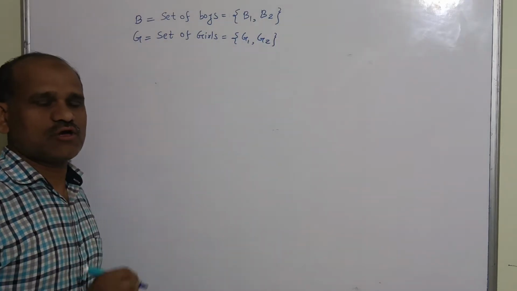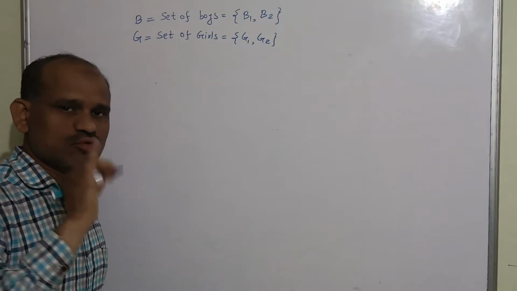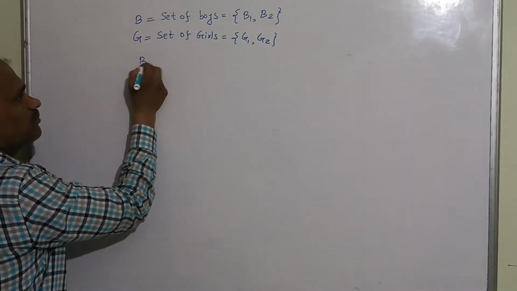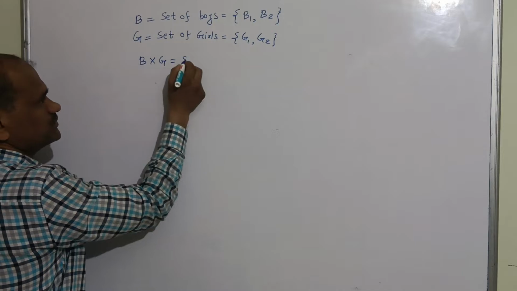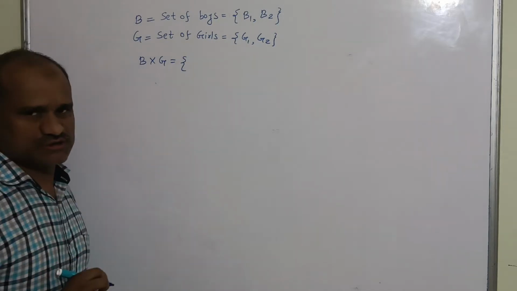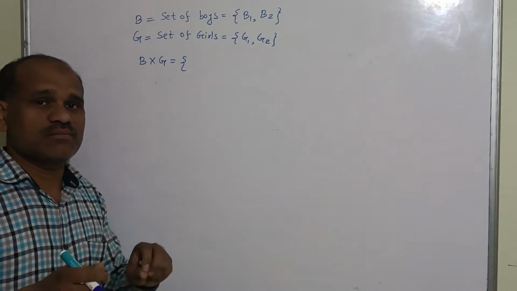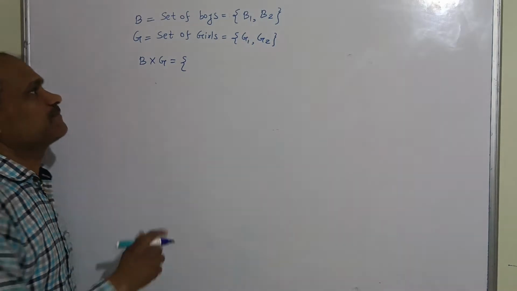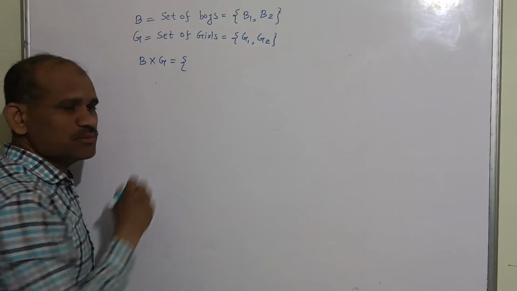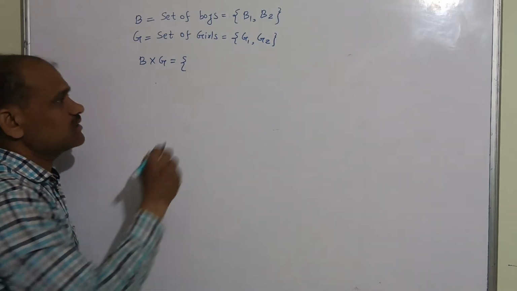Now I am going to take a cross product, B cross G. That is the cross product. It contains boys and girls, but in ordered pairs. So how many possible ordered pairs are there?